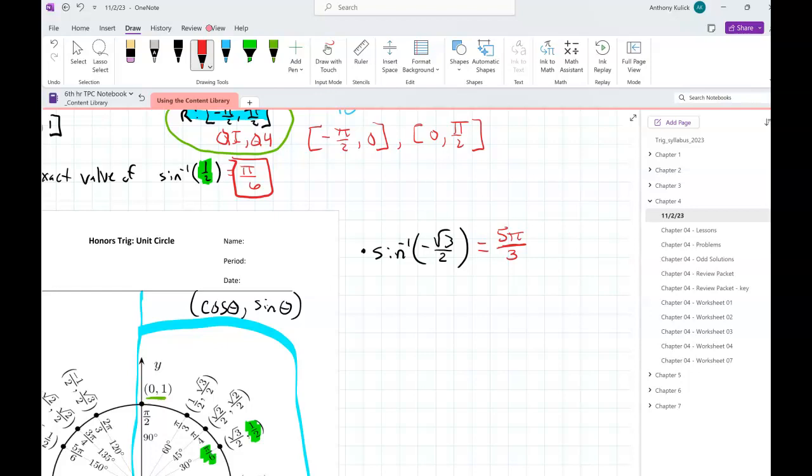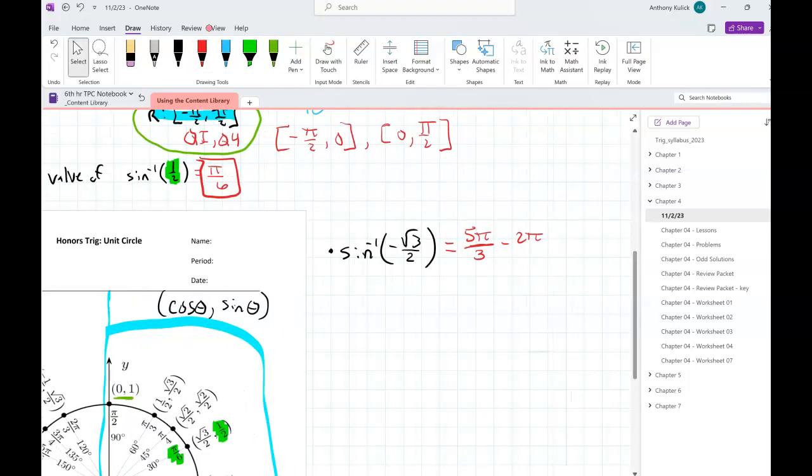Now, should we add 2 pi or subtract 2 pi? Subtract. Good. Why would we subtract here? Because this is too big, right? We need this angle to get smaller, but still be in the same spot. So we're going to subtract 2 pi from this. To do 5 pi over 3 minus 2 pi, what do we need to have? Common denominator.